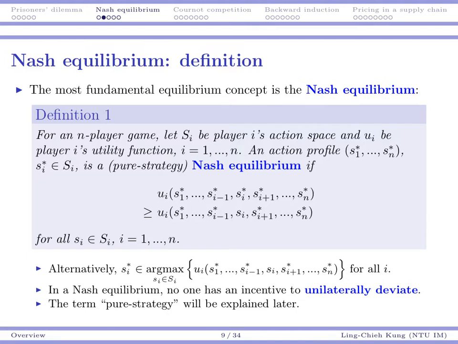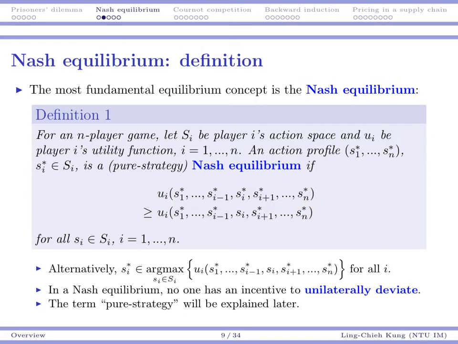Ui is a function of actions. Whenever we have an action profile, which is a collection of actions, let's call it S1 up to Sn, then a utility can be decided by putting those actions into the utility function.